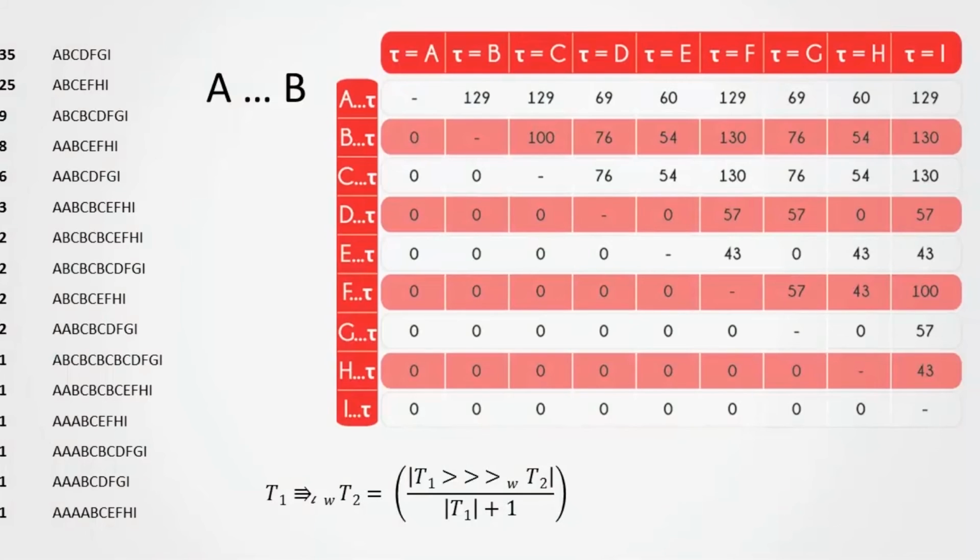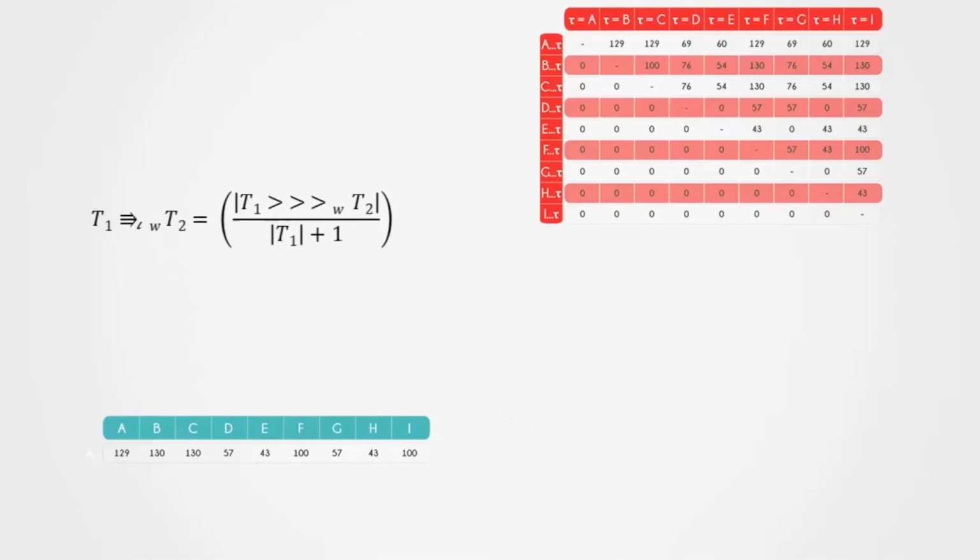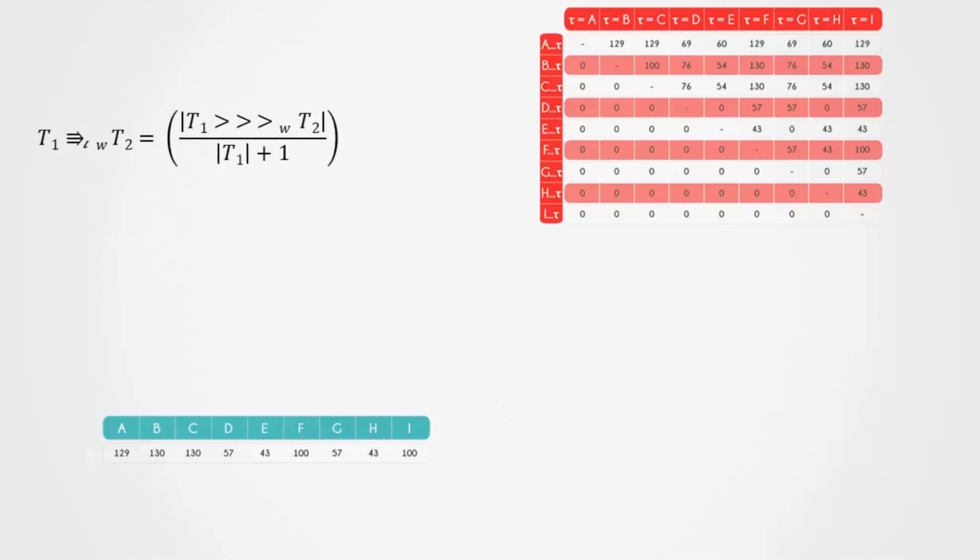It measures the number of times that an activity A is followed at some point in the trace by an activity B. We see in the matrix on the right side that A is eventually followed by B 129 times in the log, which matches the number of times that A happens in the log, as can be seen in the vector on the left side. This means that every time that A happens in a trace, it's always followed by B at some later point in time.